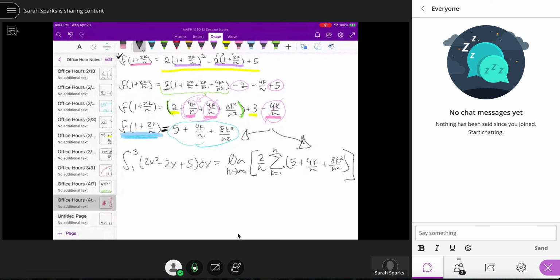And then from here, I don't know which way you prefer to do it. On the SI session last time, because I didn't want to keep writing this limit, I set this whole thing equal to s, which just means the sum. Are you okay with me doing that? Does that make sense?